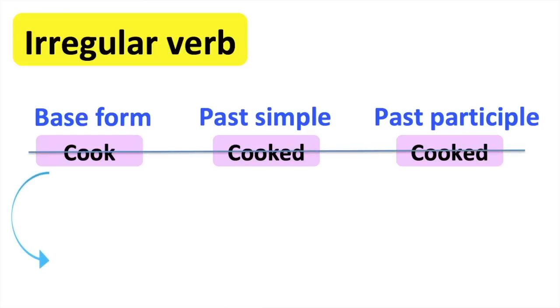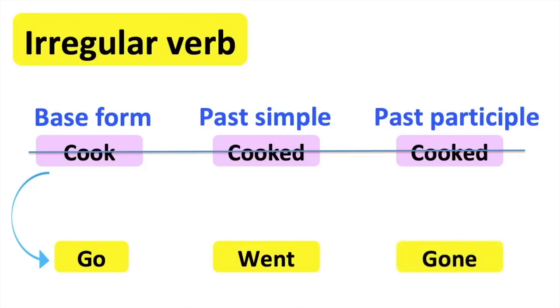Instead, the base form is go. The past simple form is went, not goed. And the past participle is gone. Go is the base form of the verb and it means to go from one place to another.